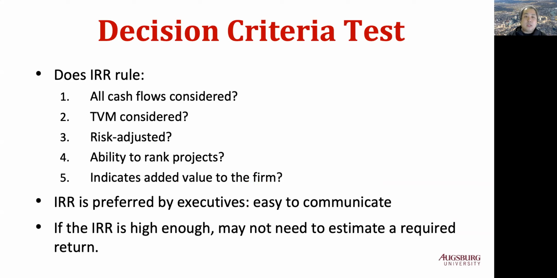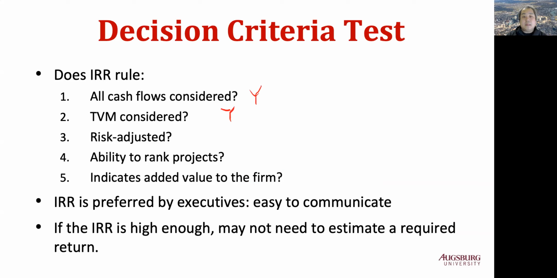Let's check the decision criteria that we saw. First, does IRR consider all cash flows? Yes. When we calculate IRR, we need all cash flows. Second, does it consider time value of money? Again, yes.